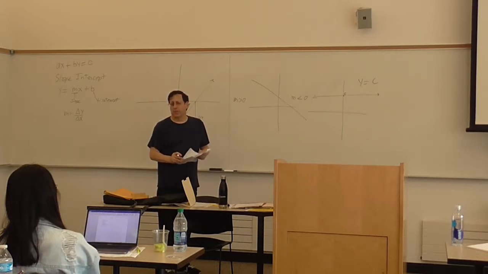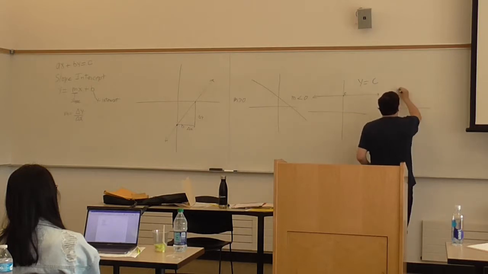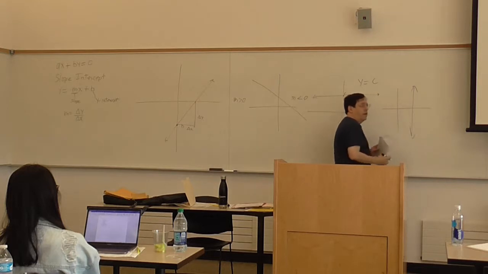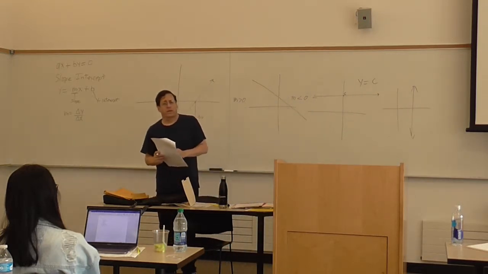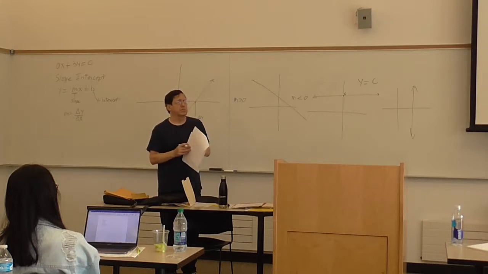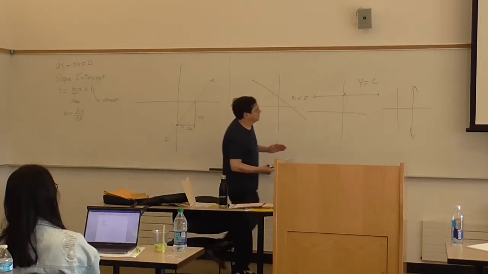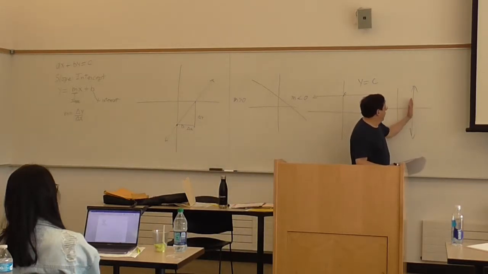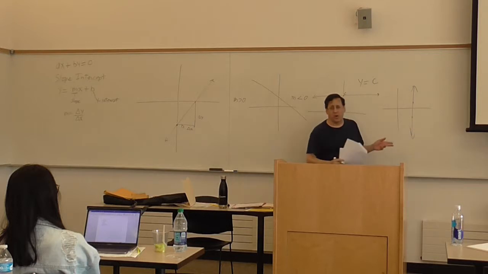And then there's one more possibility, which is I could have a line which is perfectly vertical, and here the slope is what? Well, it's the change in y from one point to the next over the change in x. Well, the change in x is 0.